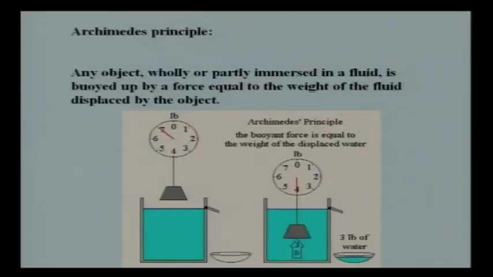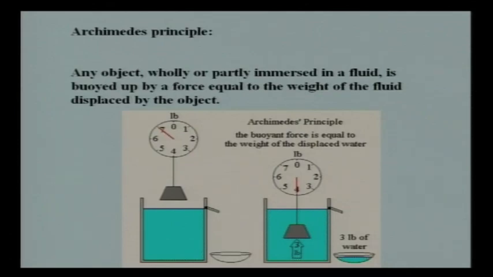You can see that initially the balance is showing 7 pounds. The balance is showing the weight of that bar, which is 7 pounds. Now, it is put into water. Some water has been displaced, as you can see the other bowl has collected some water. So, some weight or mass of water has been displaced to the other bowl. It is 3 pounds of water. That same amount of force is acting on this bar from below to up.